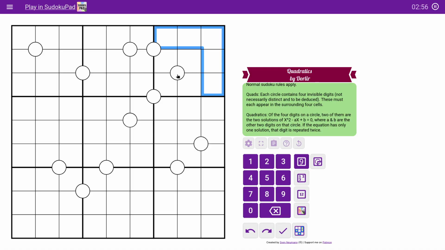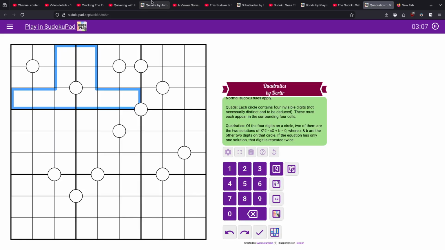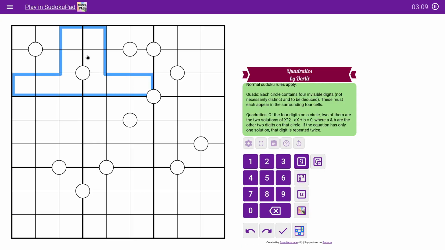Can you have 2 1s? 1, 1, 1, 2. No, you can't have 2 1s. So we have 2 1s here, but they are not both in this box. Okay, so it could be 1, d, d, d plus 1.